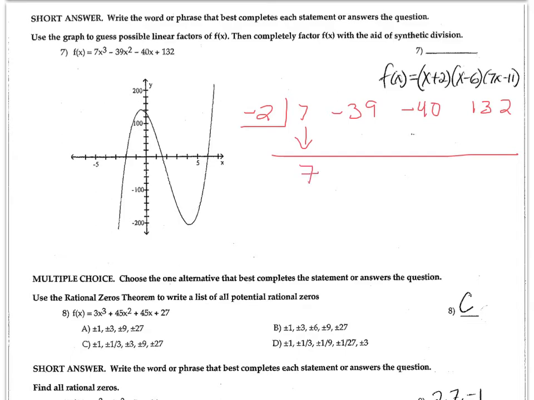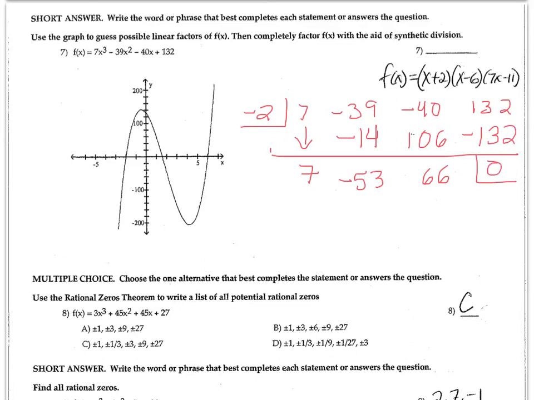So it's 7. 7 times -2 is -14. When you combine, that is -53. Times -2, that is positive 106. And then when you combine, that would be 66 times -2 is -132. So it's supposed to be a 0 remainder because it was a factor.